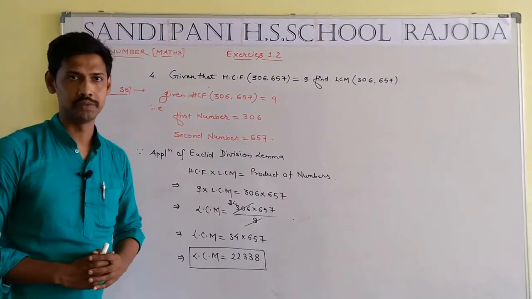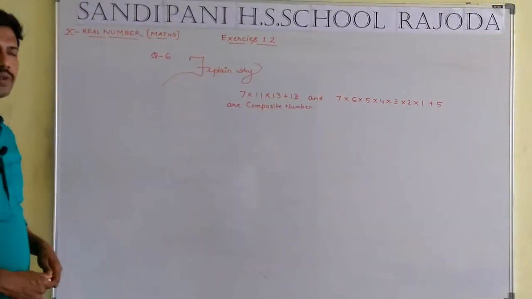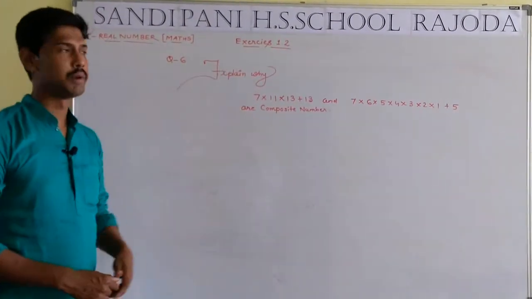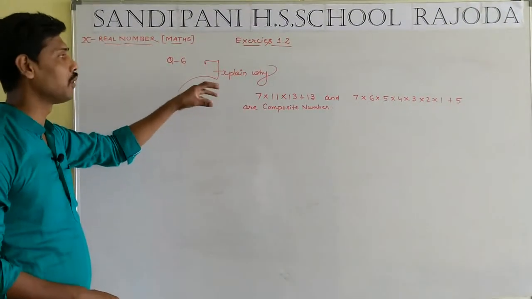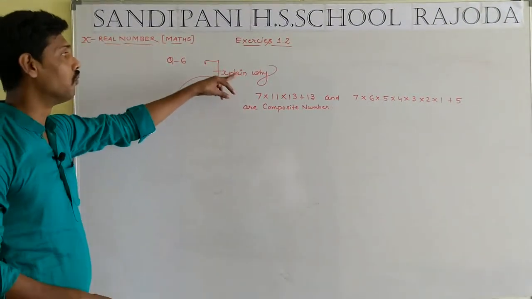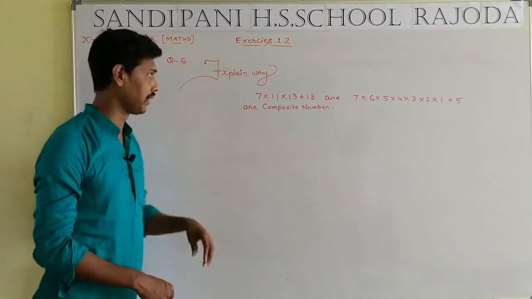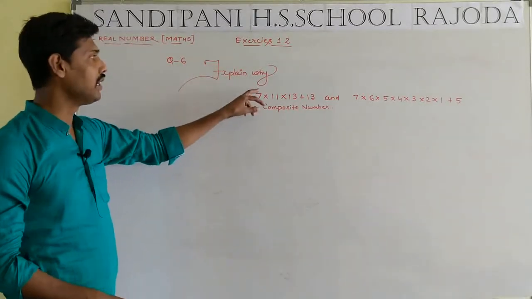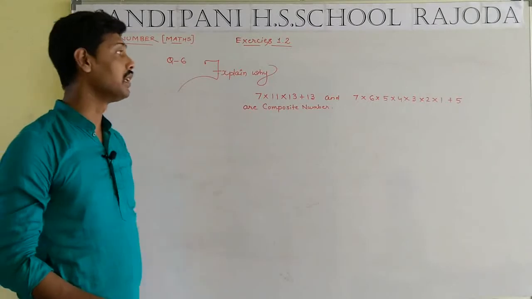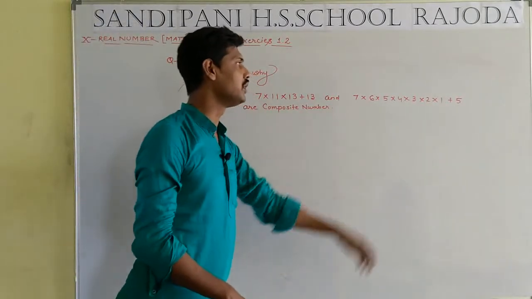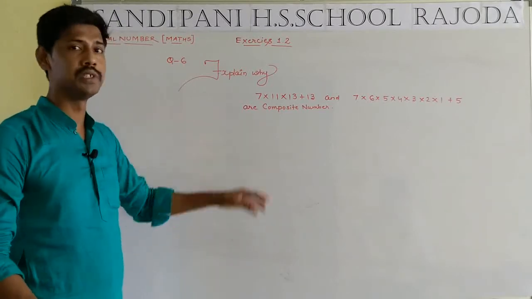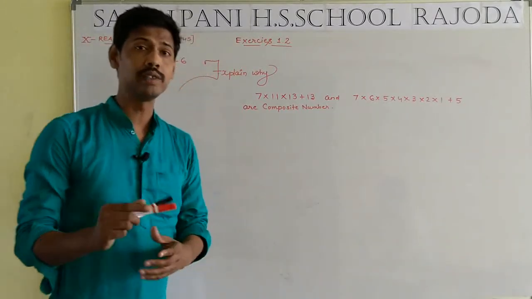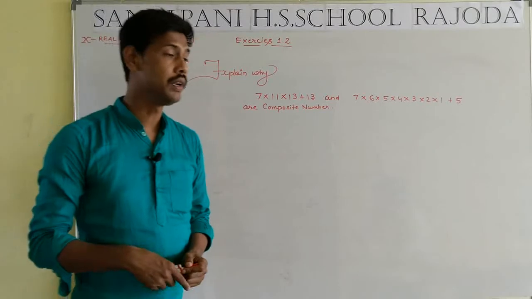Thank you so much. Students, question number 6, the last question of exercise number 1.2: explain why 7 into 11 into 13 plus 13 and 7 into 6 into 5 into 4 into 3 into 2 into 1 plus 5 are composite numbers. We know the proper definition of a composite number.